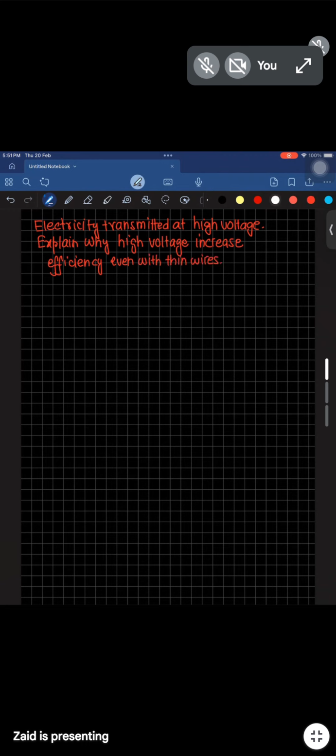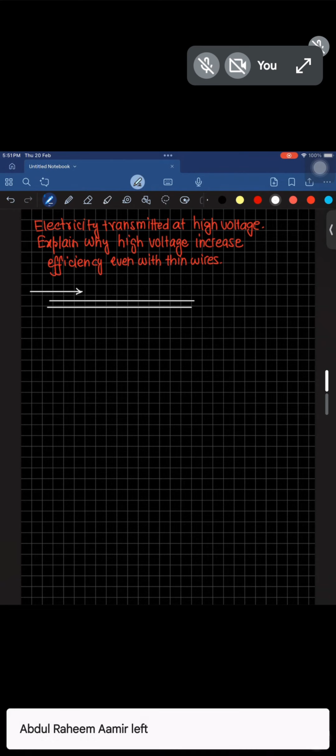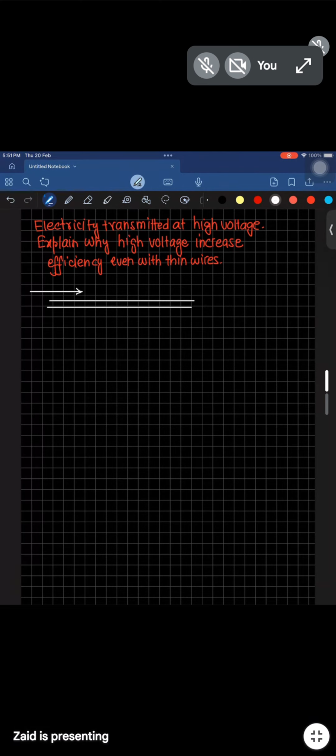So my dear students, what's happening when current is flowing? At high voltage, when there is a greater voltage, if voltage is high, so current is low. When current is low, you are going to have less amount of heat produced and we will have more efficiency.